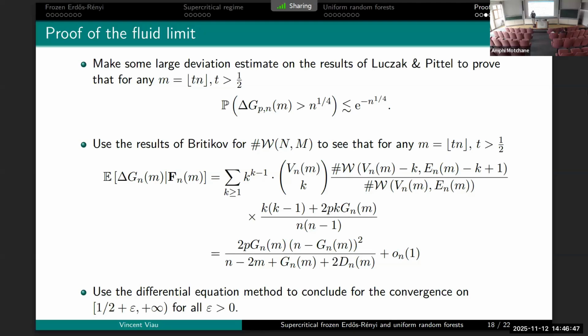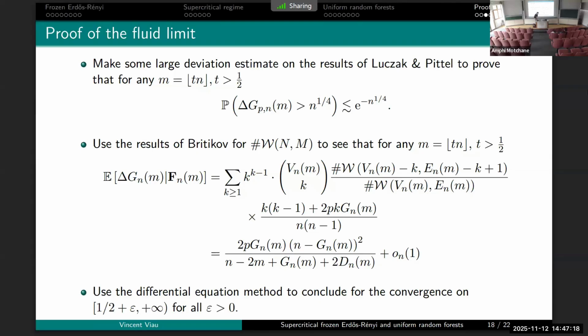This illustrates the fact that in the supercritical regime, the main contribution to the new frozen vertices actually comes from the attraction of the vertices that are already frozen. Because since you only have small trees in your forest, it is really difficult to create a cycle in a tree and thus to create a new unicyclic component. Okay, so this is really the difference.